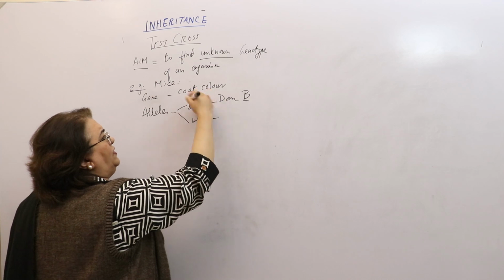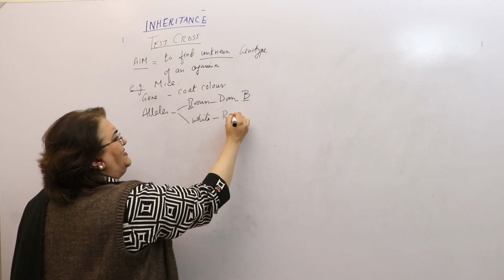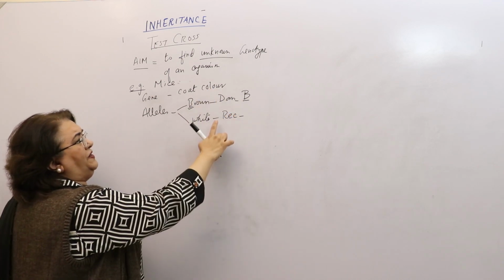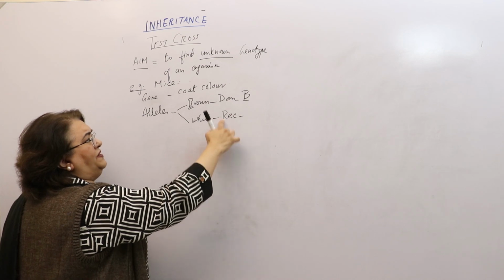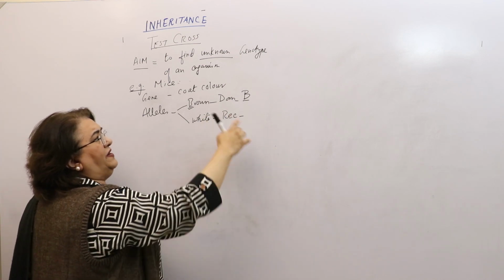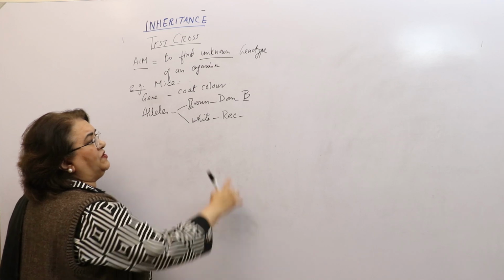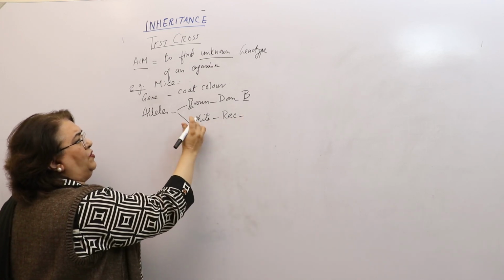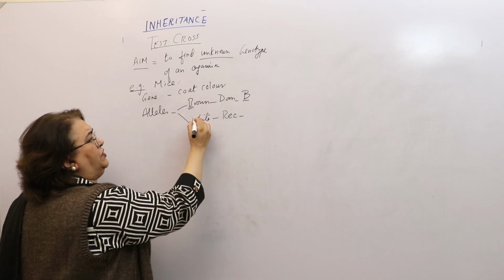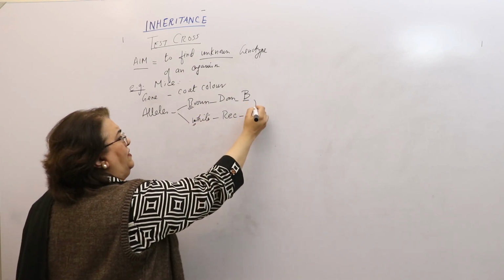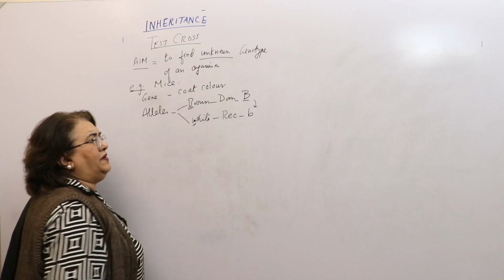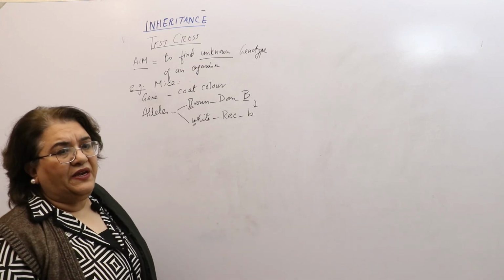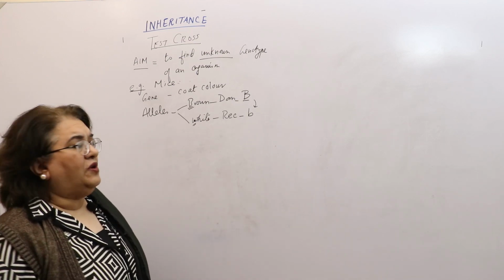White coat color is the recessive allele, so it will not be apparent in the phenotype if we have the dominant. That's why it's called recessive. What letter do I use for that? Do I use W? No, it becomes too confusing. I'll take the lower case of the same dominant letter: capital B and small b, right?